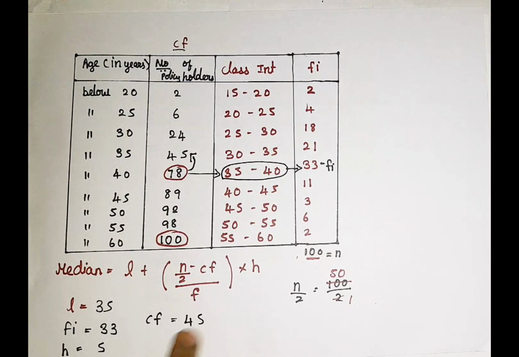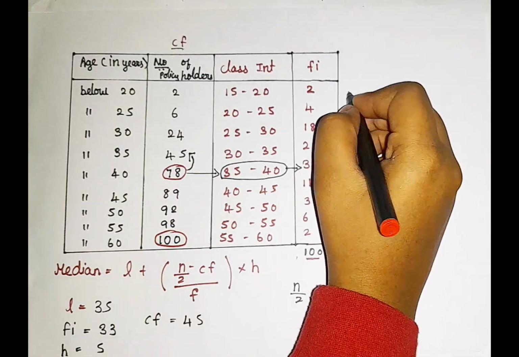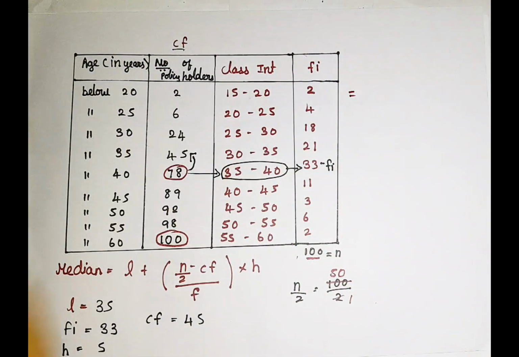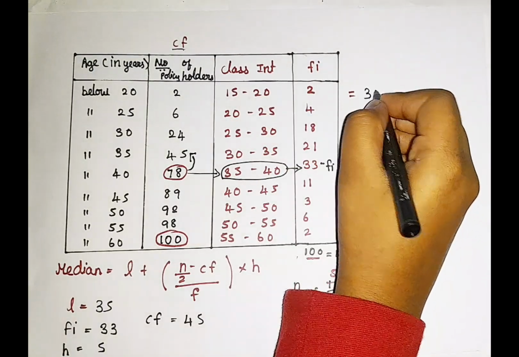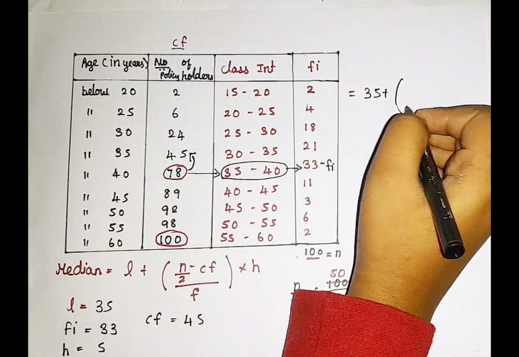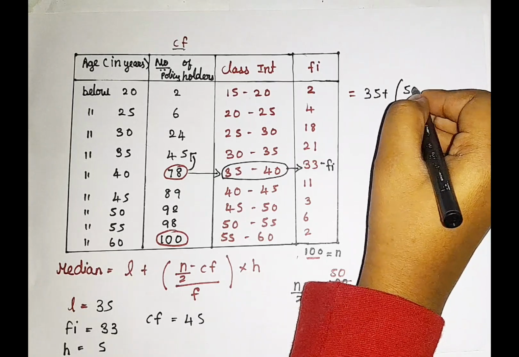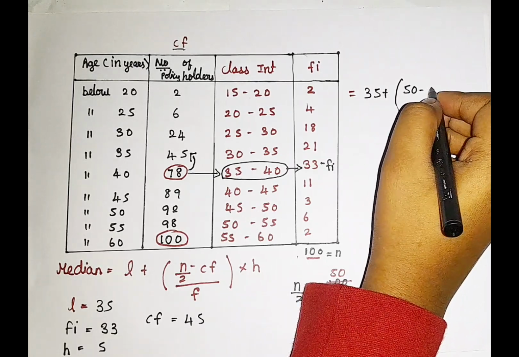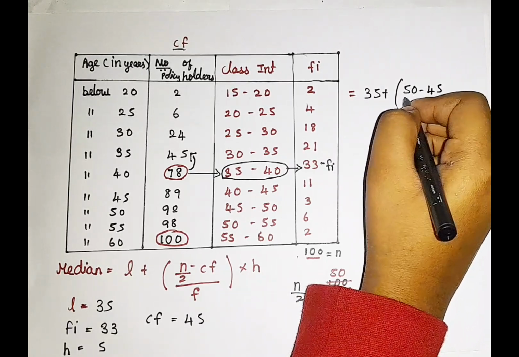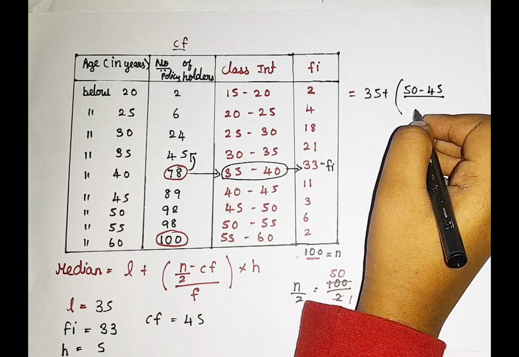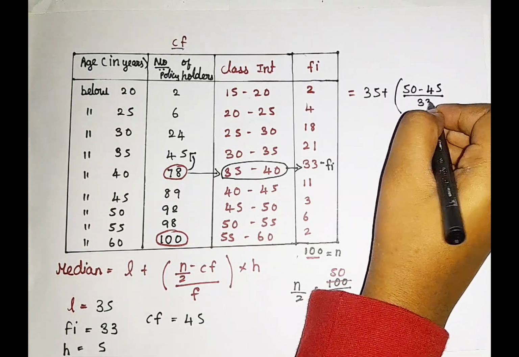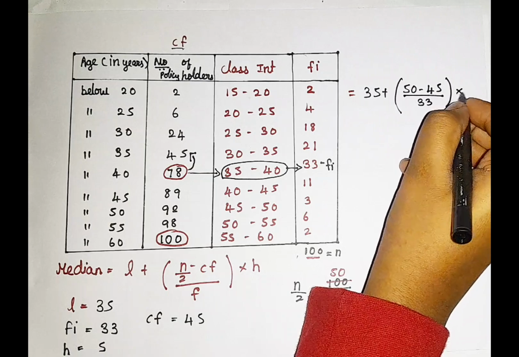Okay, alright, so now we got all the values, isn't it? So now we can apply it in this formula. Okay, so now let us apply it. Is equal to, so the L value is 35 plus bracket n by 2 value is 50 minus cumulative frequency is 45 divided by frequency value is 33 bracket into 5.